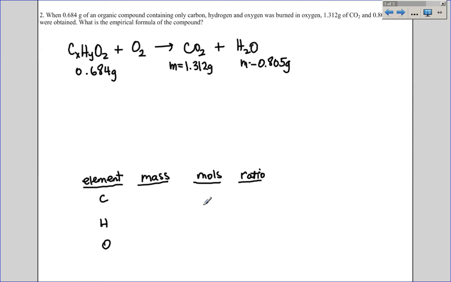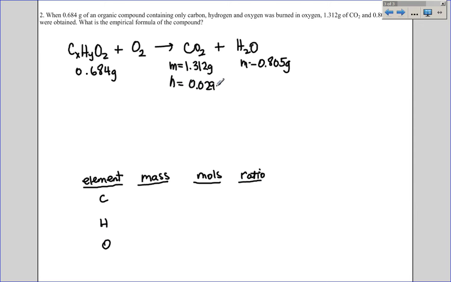Much like in the last example, we're able to use the carbon dioxide to determine the number of moles of carbon in the sample, and we're able to use the water to determine the number of moles of hydrogen in the sample. We do that by dividing by their individual molar masses.